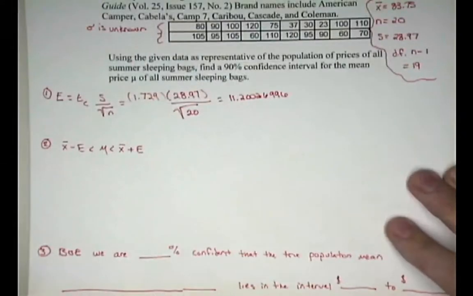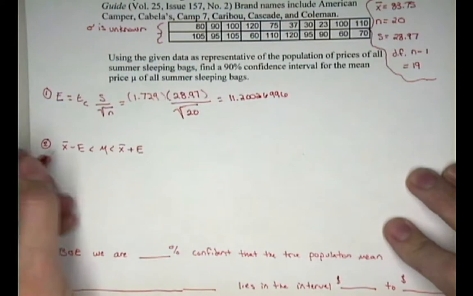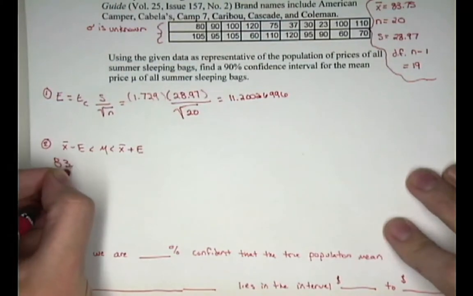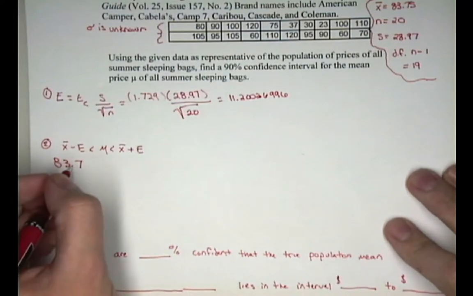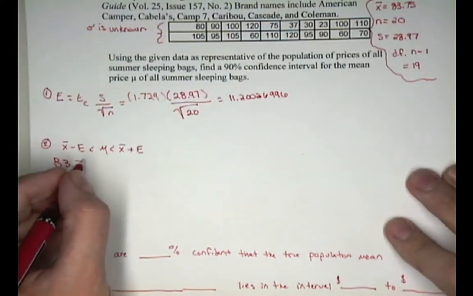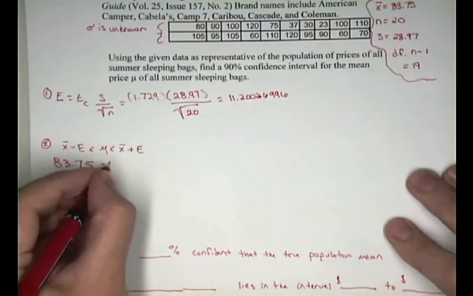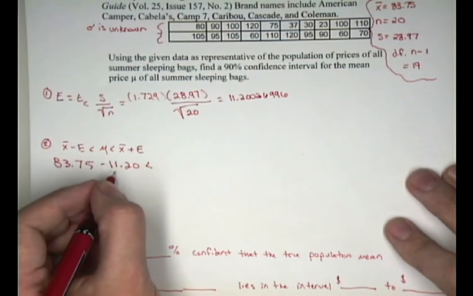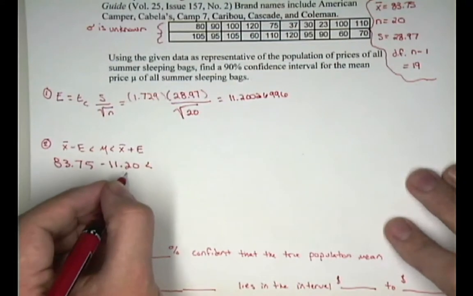So let's move down to our interval. I'm going to use a little bit shorter error of tolerance. I'm going to round it right here when I do my error calculation, because this was cost. The variable was prices of a sleeping bag. It was cost, so I'm going to round it to 2 decimal places for money's sake. So I'm going to round that error of estimate to 11.20.